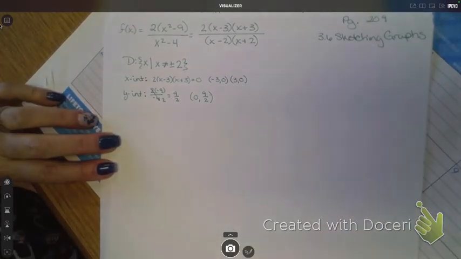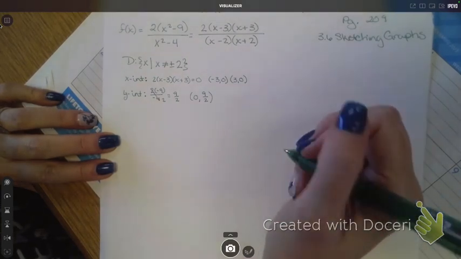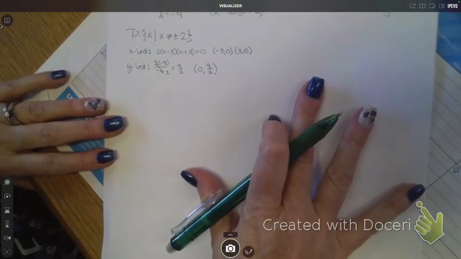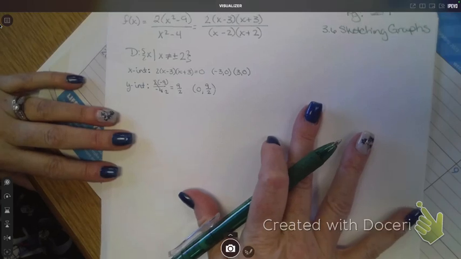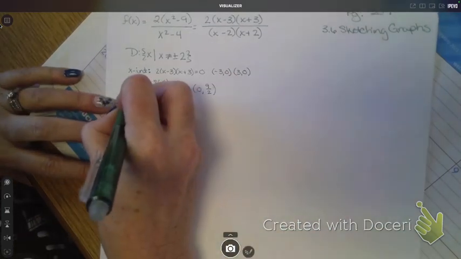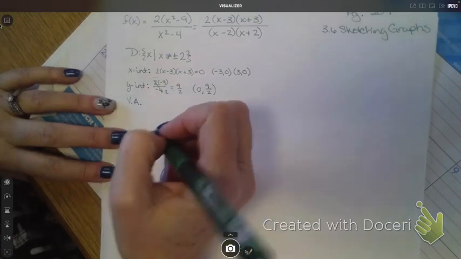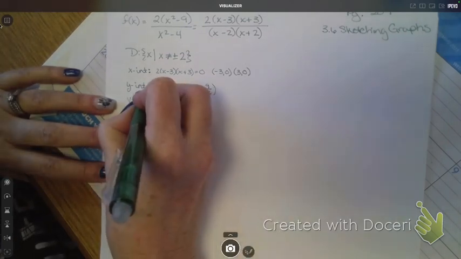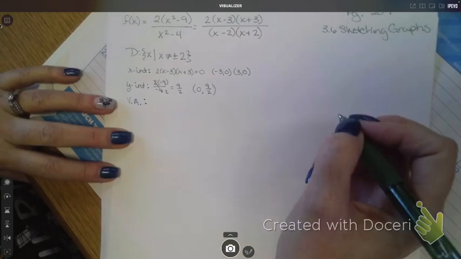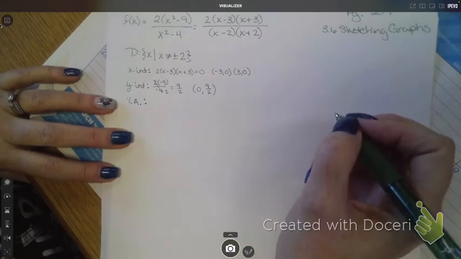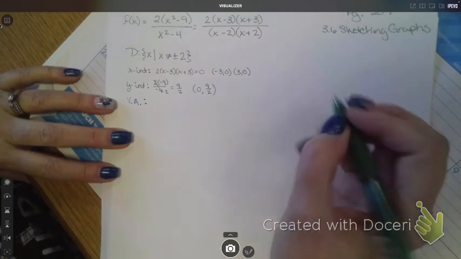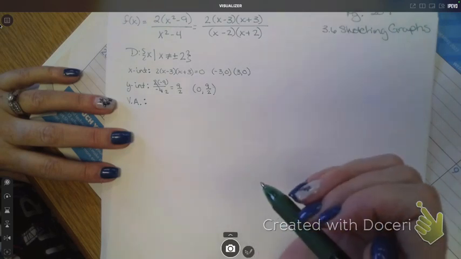Okay. And then we need vertical asymptotes. Anybody remember vertical asymptotes? Where we get those? Wait, isn't that also the numerator?